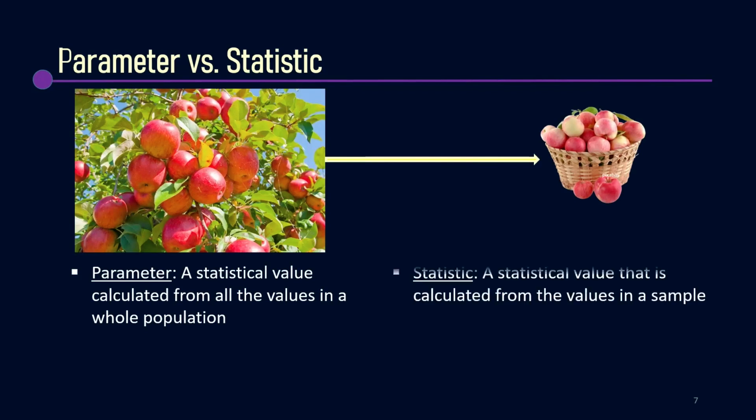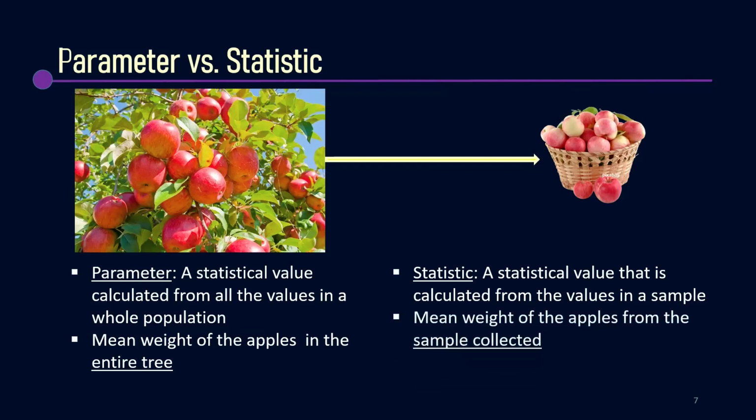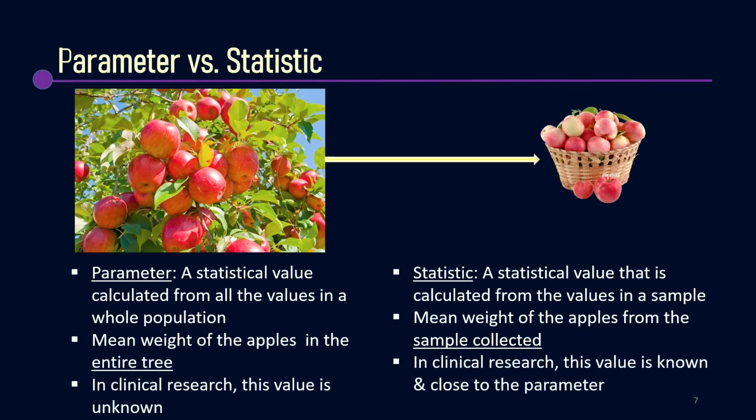That is a parameter, whereas a statistic is a statistical value that is calculated from the values in a sample. So in this example, the mean weight of the apples in the entire tree will be the parameter, whereas the mean weight of the apples from the sample collected will be the statistic. So in clinical research, the parameter value is unknown. The statistic value is known, and our aim is to make it close to the parameter.